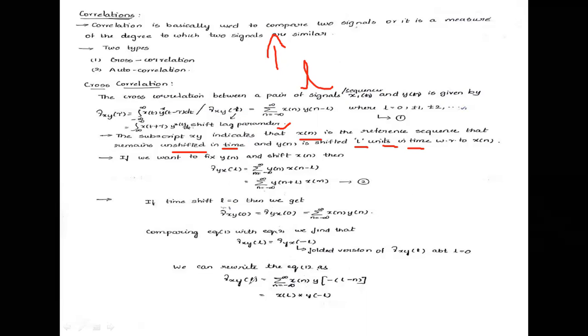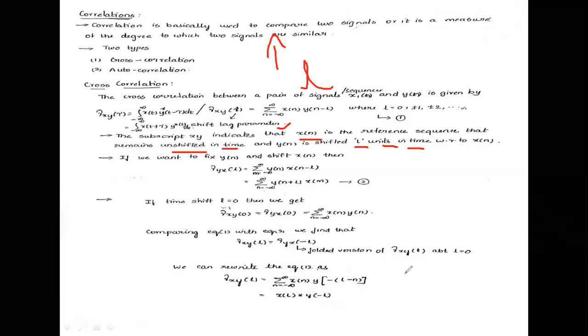You can rewrite the equation as r xy of L is equal to the sum over n from minus infinity to infinity of x of n y of n minus L. Only in that case are both equal.